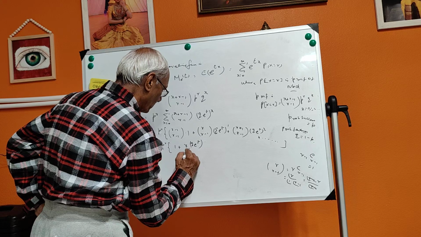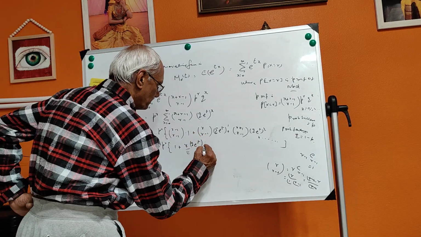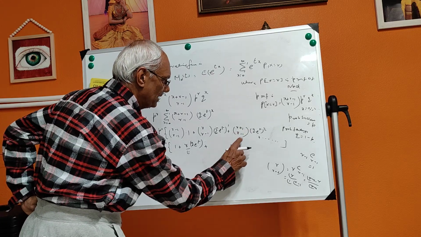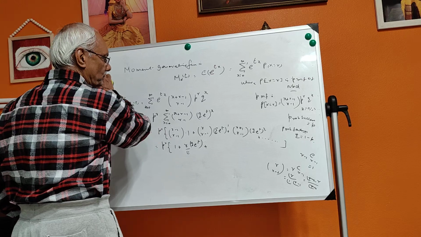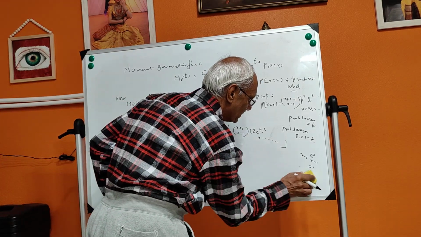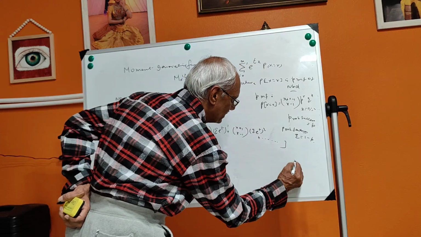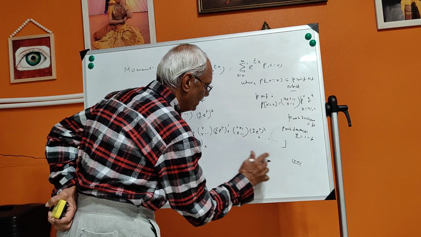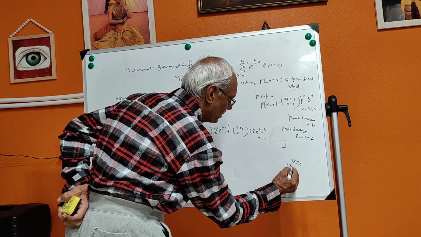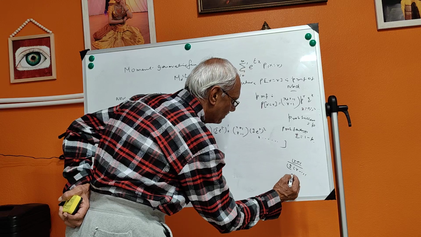Then coming to this plus, if we simplify this, what you will get here is (r + 1) factorial divided by 2 factorial into (r - 1) factorial.